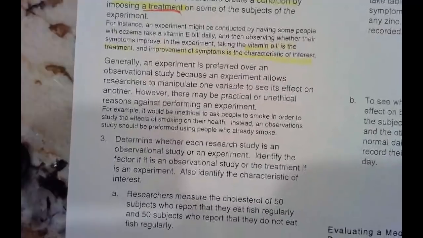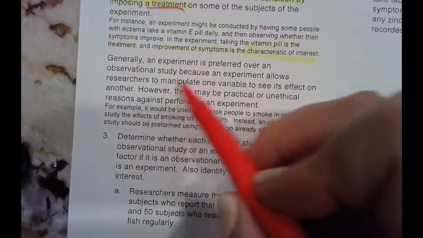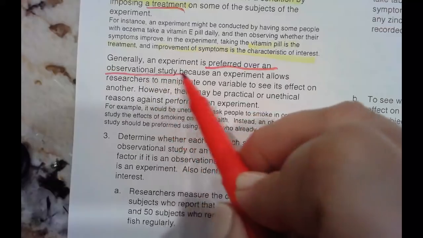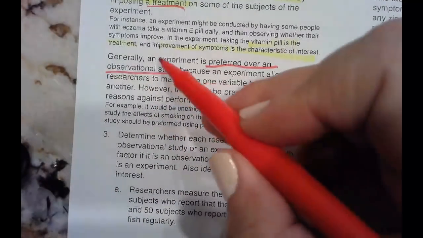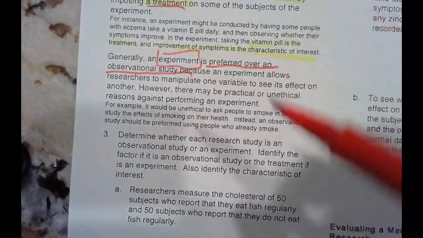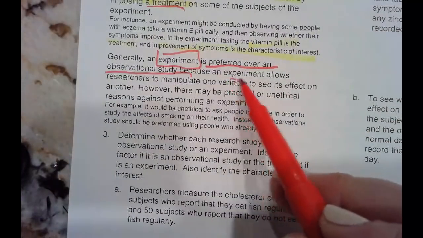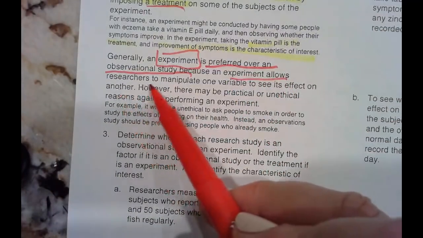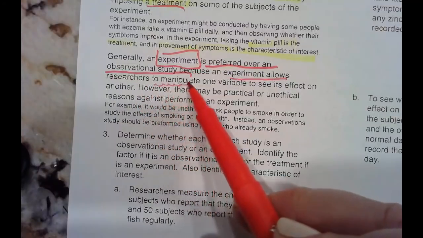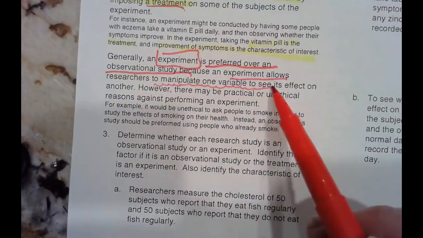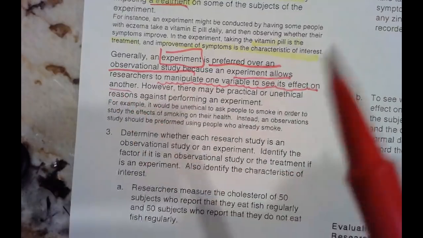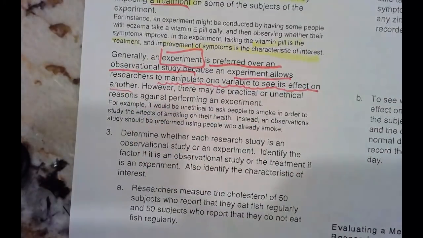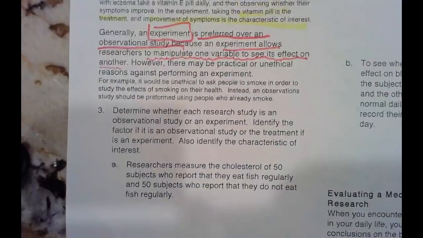Generally, an experiment is preferred over an observational study, because an experiment allows researchers to manipulate one variable to see if it affects the other variable. The reason an experiment is so helpful is that we control the environment in the best possible way.